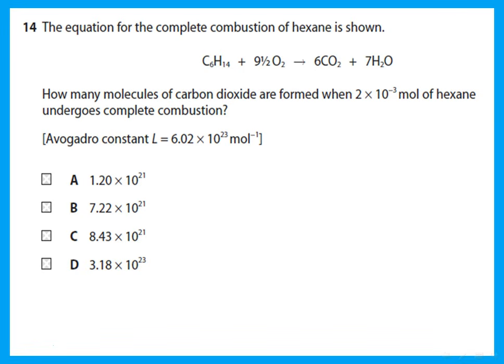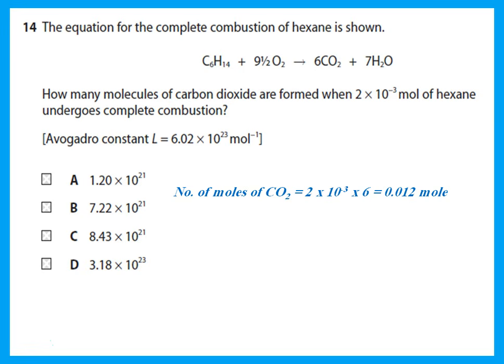The equation for complete combustion of hexane is shown. How many molecules of carbon dioxide are formed when 2 times 10 to the minus 3 mole of hexane undergoes complete combustion? So you have the number of moles of hexane, and he's asking how many molecules of carbon dioxide. Well, I have to relate the number of moles first.